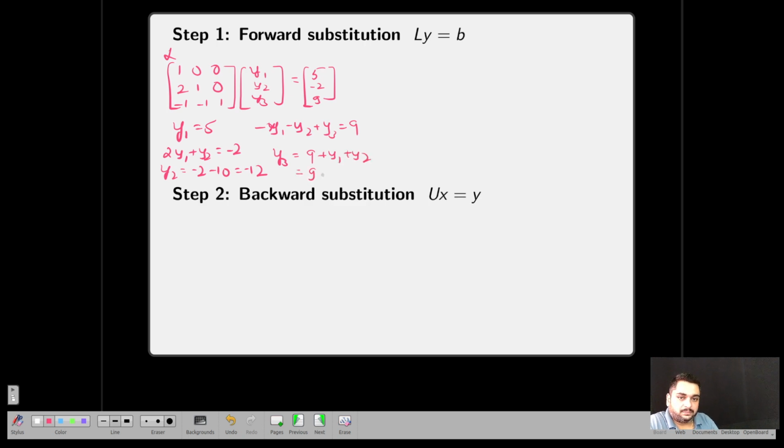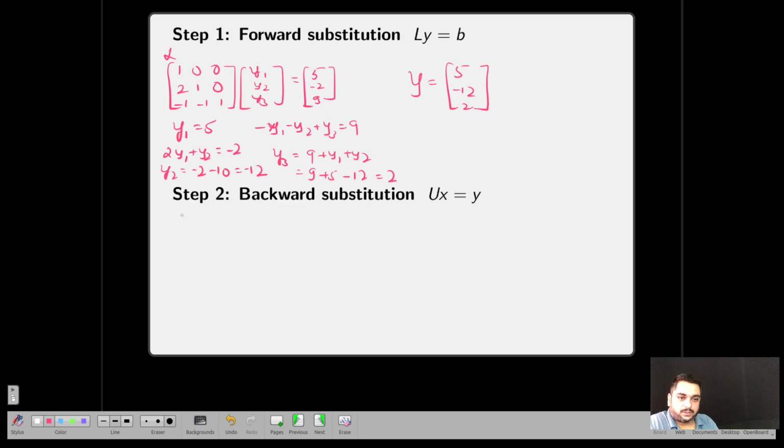It is 9, y1 is plus 5, y2 is -12, so this is 2. So you found our y vector: y1, y2, y3 is 5, -12 and 2.